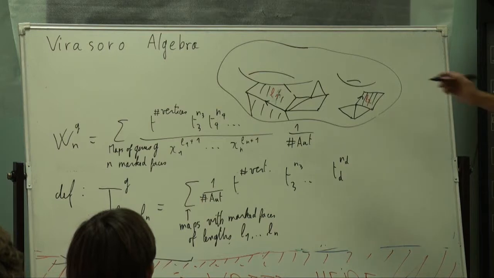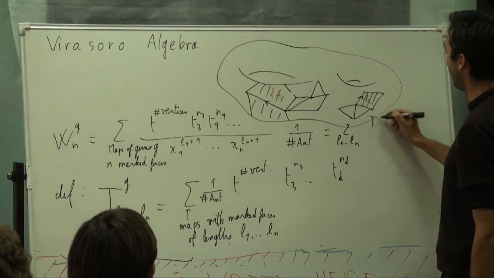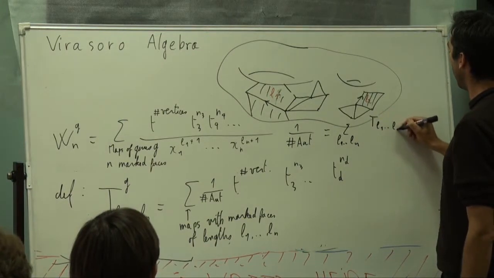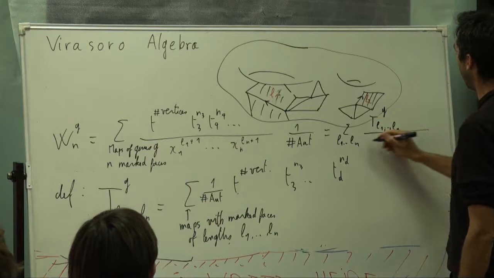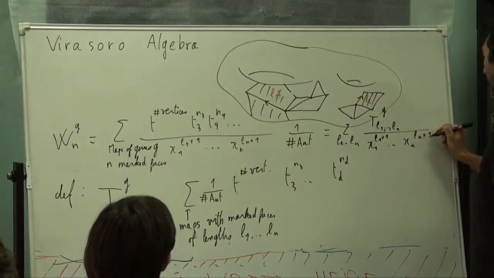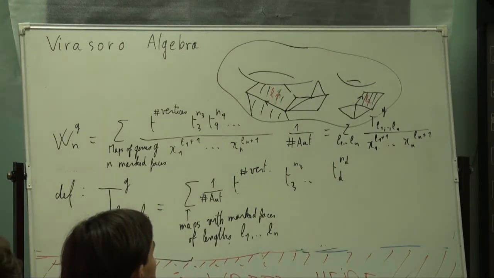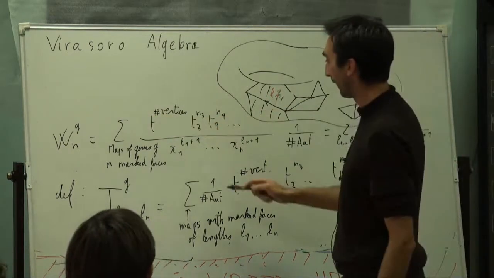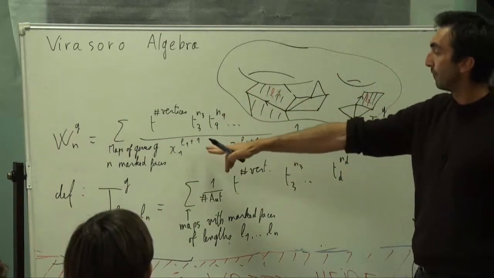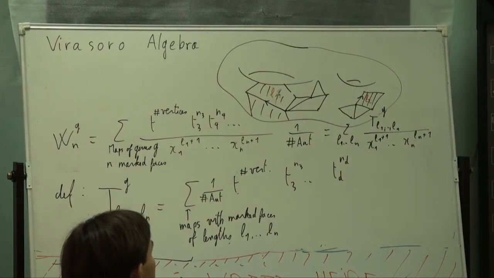So here this one is just the sum over L1, ..., Ln of T_{L1...Ln}^g over x1 to the L1 plus 1 through xn to the Ln plus 1. And vice versa, if you know W_n^g, you can recover this one by picking the term with the given power of x1 in the denominator and the term with the given power of x2 in the denominator, and so on. You can compute that by taking a residue, for instance.